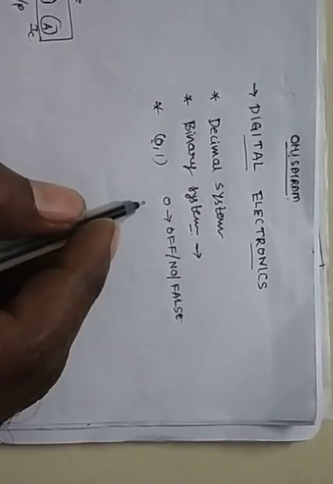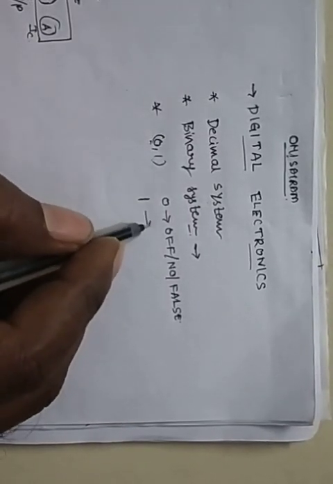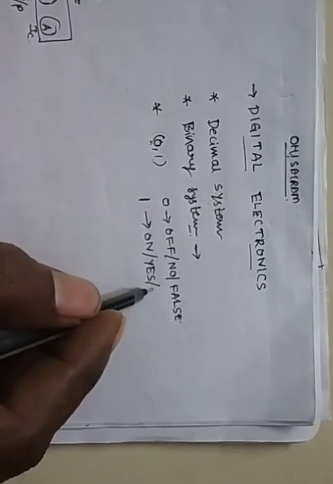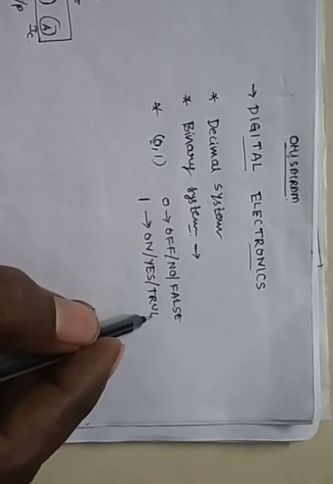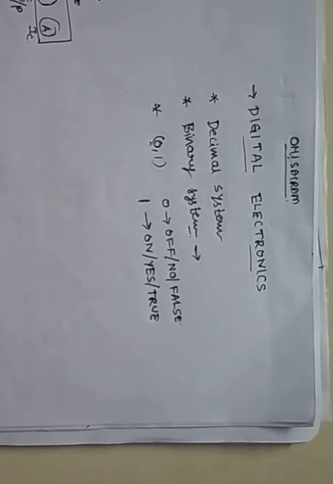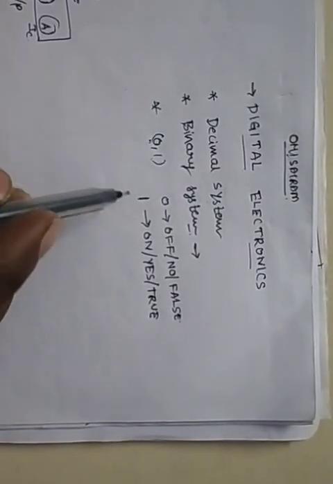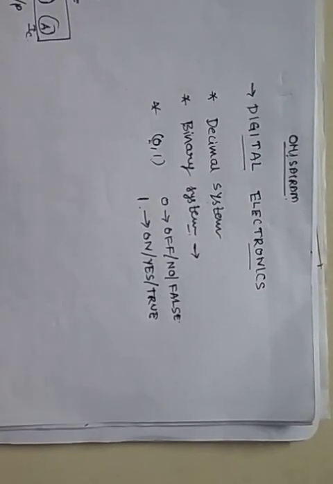Like that, 1 indicates on, yes, true. For all conditions of switches, we use 0 and 1 only in the binary system.